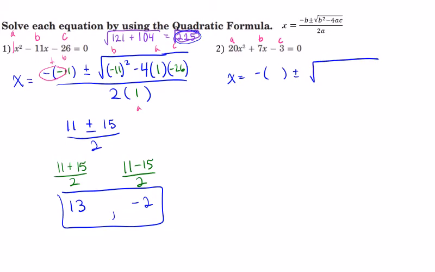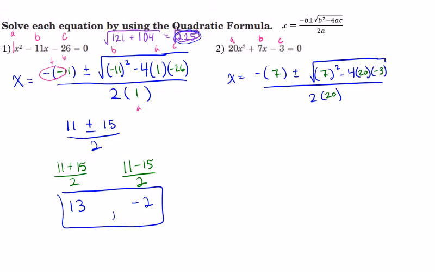You can do it whatever way you like best. This just works for me, to set up this template every time. Then I just plug in as we go. So B goes in the first couple spots, 7, 7. A is 20, so A goes there and A goes there. And then C is negative 3, so that goes there.